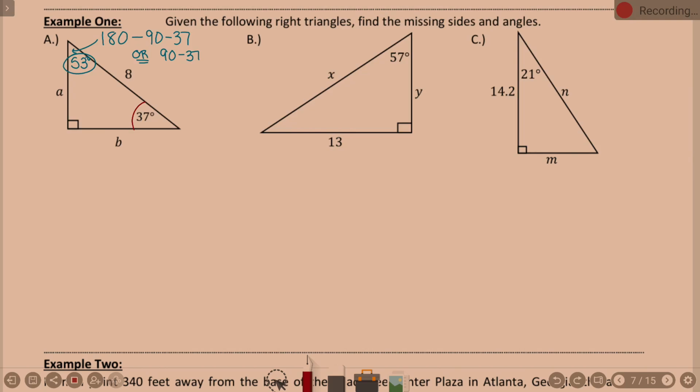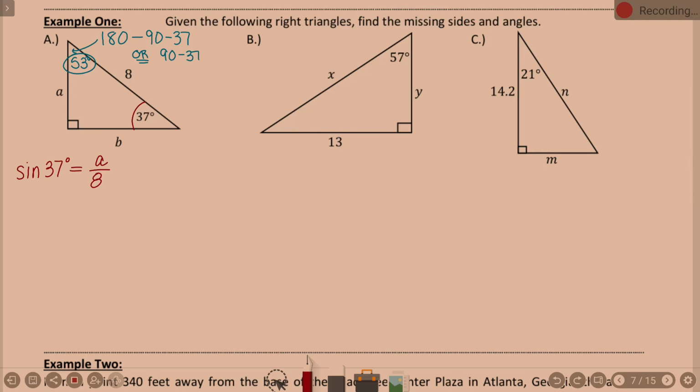So if we're looking for the opposite and we know the hypotenuse, which of our 3 trig functions uses opposite and hypotenuse? That is sine. Okay, so we can set this up as the sine of 37 degrees is equal to opposite over hypotenuse. So sine of 37 degrees equals A over 8.